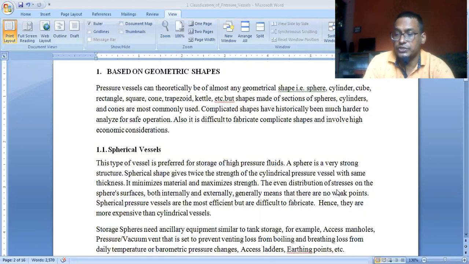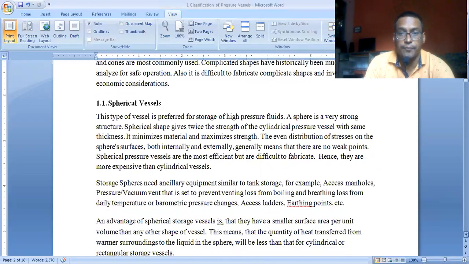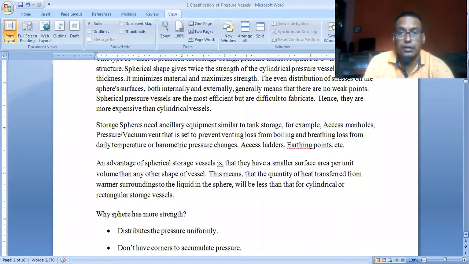The advantage of spherical vessels is that they provide a more uniform surface, that is, a smaller surface area per unit volume than any other shape of vessel. This means that the quantity of heat transferred from the warmer surroundings to the liquid in the sphere will be less than that for cylindrical or rectangular vessels.